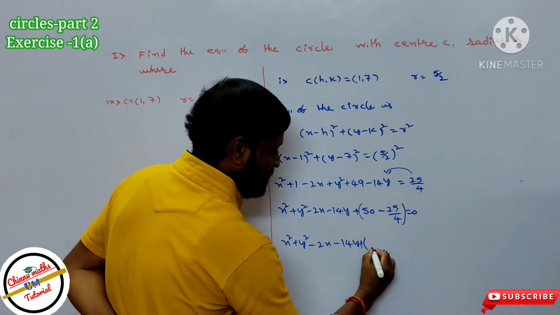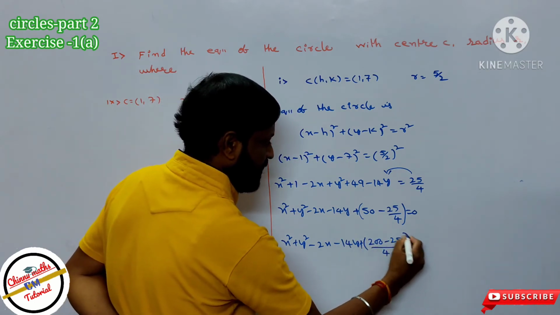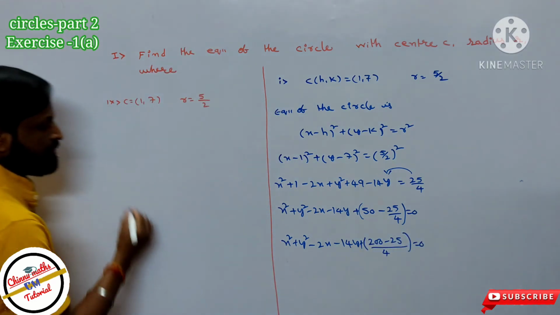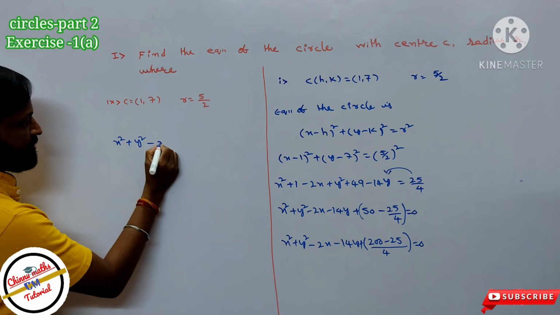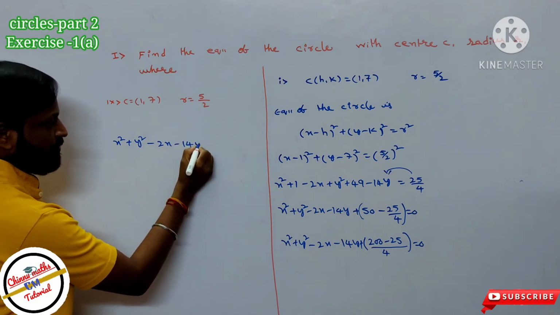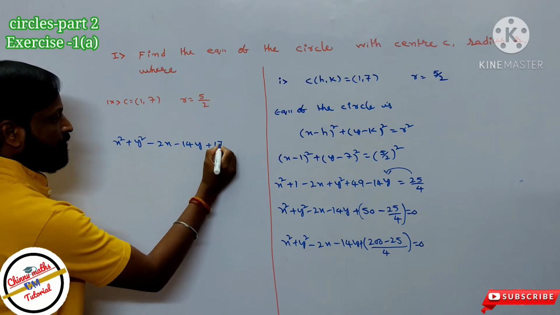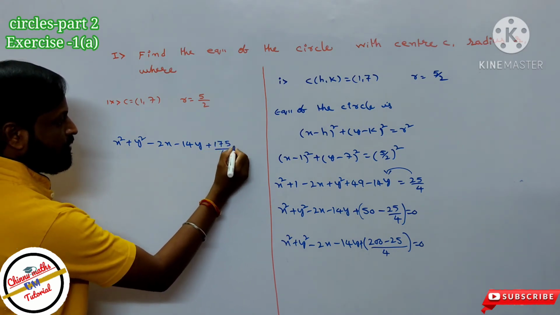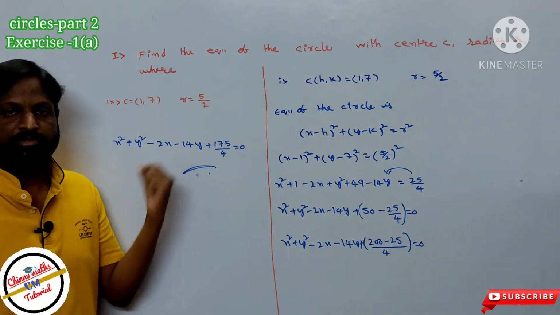LCM is 4. Then 4 into 50 is 200, minus 25, equal to 0. So finally x square plus y square minus 2x minus 14y, plus 200 minus 25 equals plus 175 by 4, equal to 0. So this is the required equation of the circle.